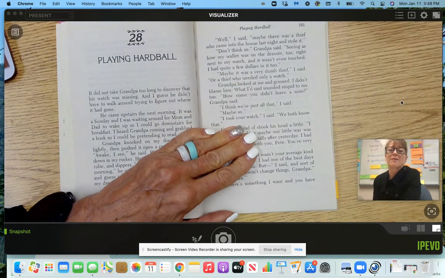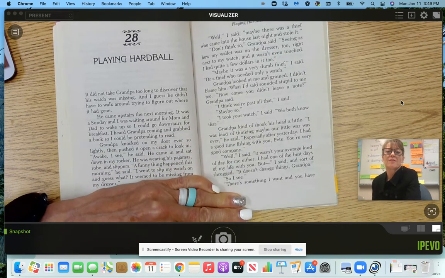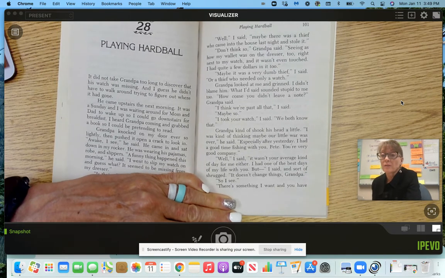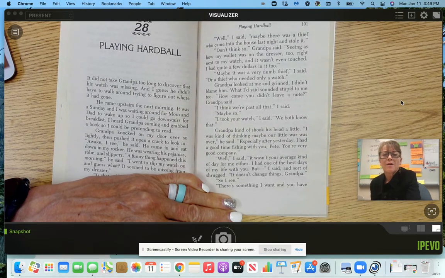"I don't think so," Grandpa said, "seeing as how my wallet was on the dresser too, right next to my watch, and it wasn't even touched. I had quite a few dollars in it too." "Well, maybe it was a very dumb thief," I said, "or a thief who needed only a watch." Grandpa looked at me and grinned. I didn't blame him. What I'd said sounded stupid to me too.